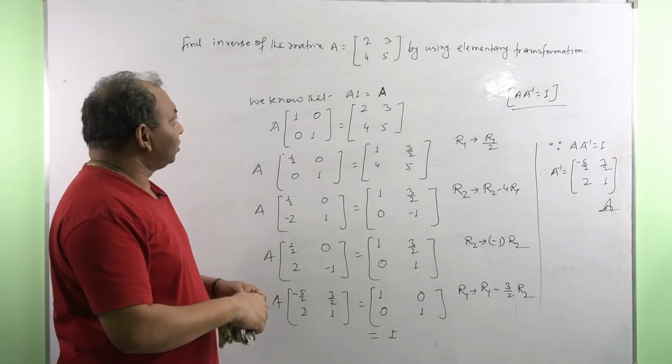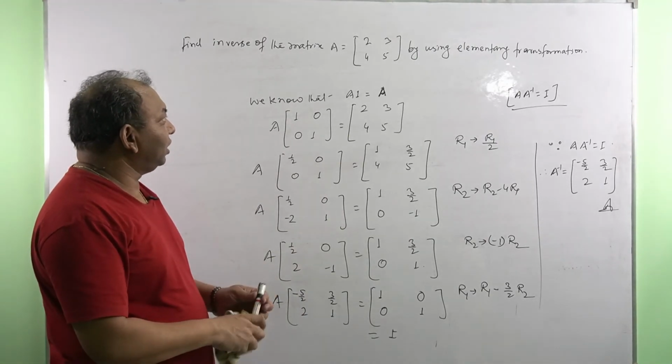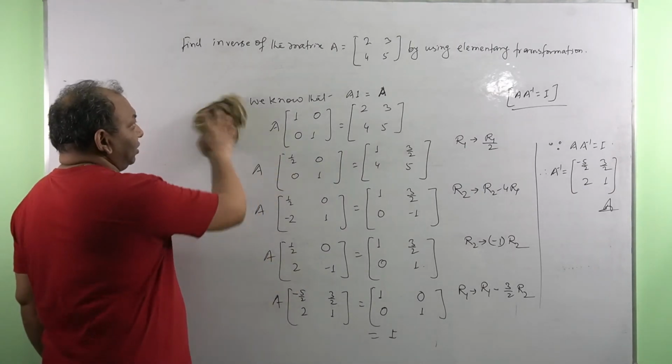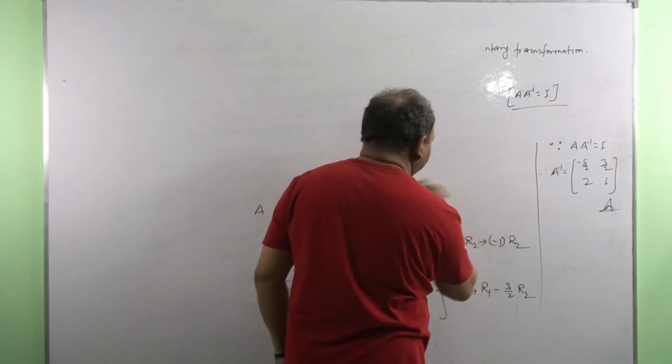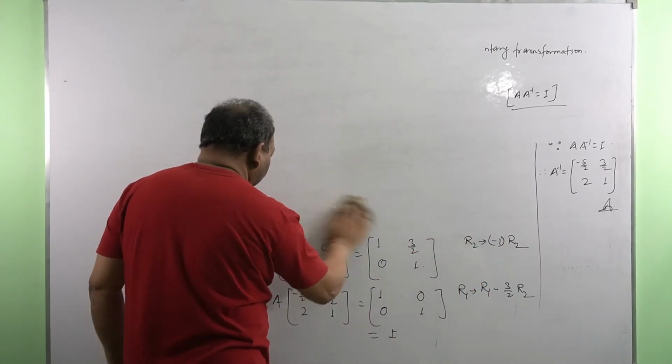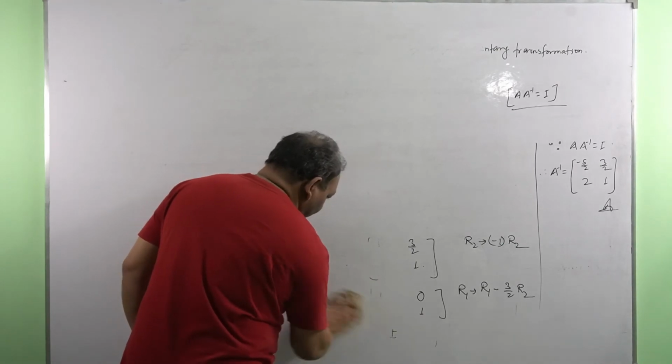Now let's discuss the solution of a system of linear equations by the matrix method. We discussed the solution of a system of linear equations by Cramer's rule. Now we will discuss it by the matrix method.